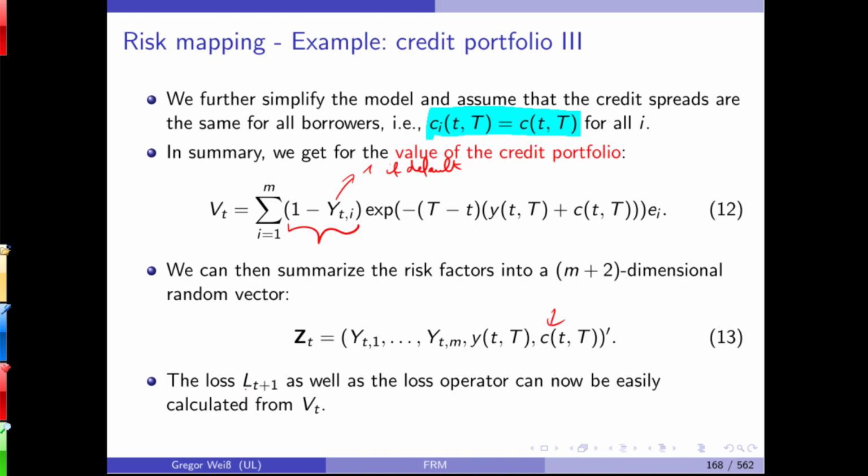So the loss LT plus 1 as well as loss operator are based on this vector of risk factors. And we do not simply have the risk-free rate and a credit spread. We could also enlarge the model by using idiosyncratic credit spreads. And we need the default probabilities.